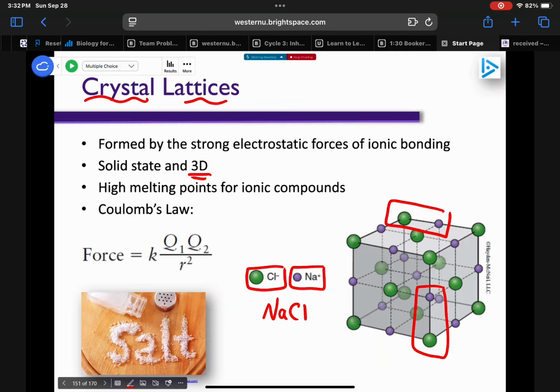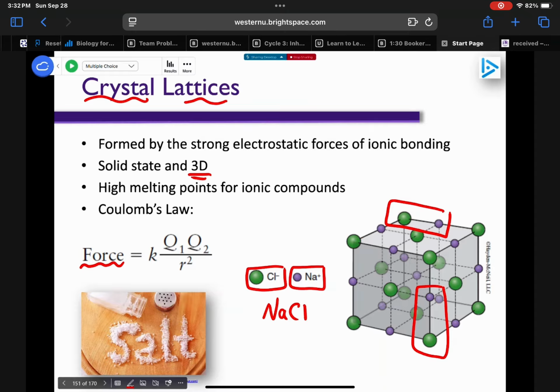The cation plus and the anion negative are attracted to one another through Coulombic forces. We know positives and negatives attract to one another. And we can calculate the force of that attraction between the cation and anion using Coulomb's law. Coulomb's law has a K value. It's just a constant, it's a number.